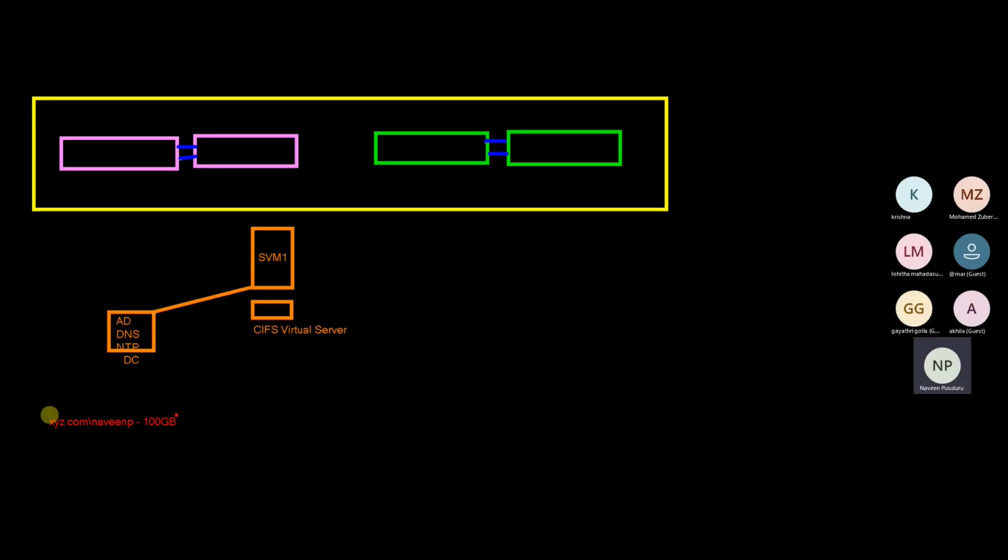So what we are going to do, I'm going to create a volume here and I will link this volume to my V server. In this CIFS virtual server, I'm going to do some configurations stating that this 100 GB volume should only be visible to this user in my Active Directory.